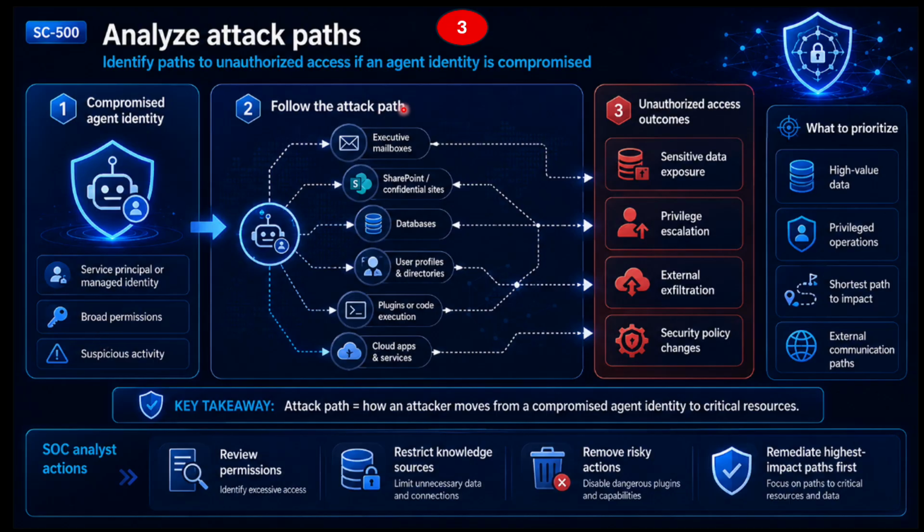Follow the attack path, basically meaning the mailbox that the agent has access to, the SharePoint confidential sites that it has access to. Does it have access to databases, user profiles and directories, plugins or code execution? Does it have access to plugins? Cloud apps again. So in terms of unauthorized access, it's about looking at sensitive data.